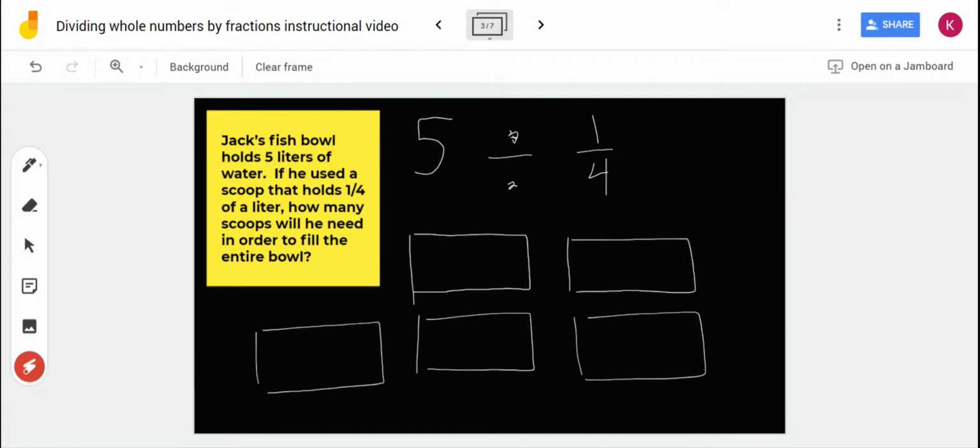And I'm going to divide or split each one of these wholes into 1/4 pieces. So I'm going to divide each whole into fourths. Now this piece has 1, 2, 3, 4. There's 4 in that whole. I'm going to continue that for each of the 5 wholes that I have.